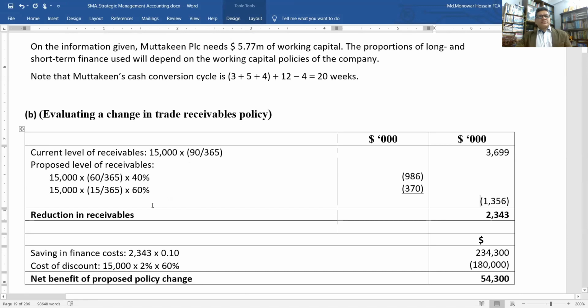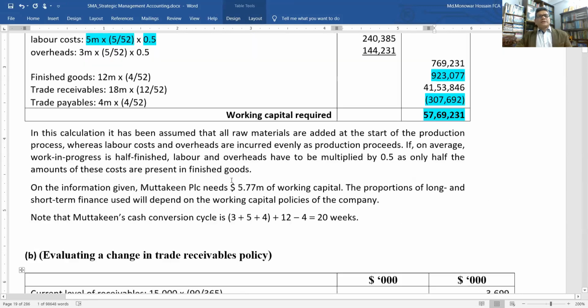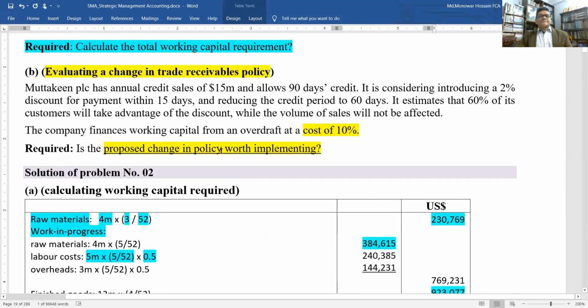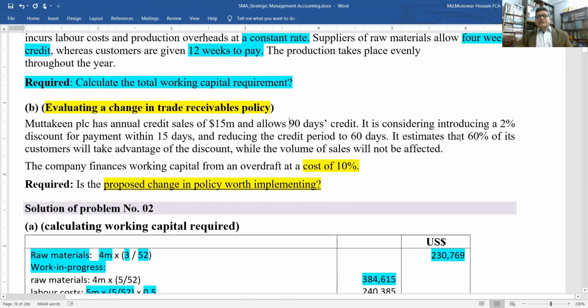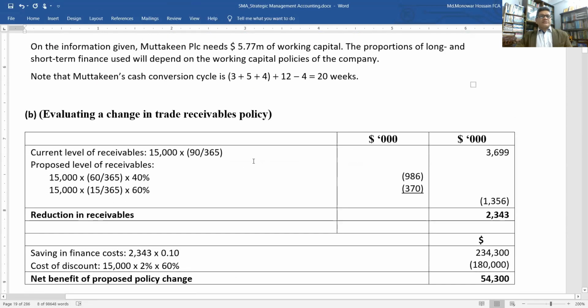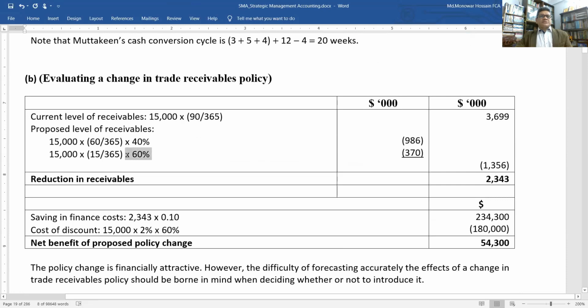This reduction in receivable 2346. So here one thing, 60 days, 90 days, and it is estimated that 60% of customers will take the advantage. That means this 60% is this 60%.